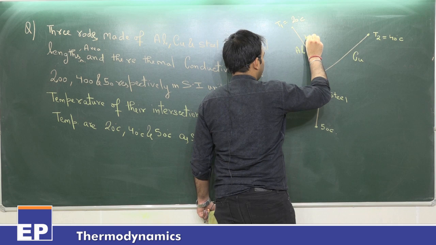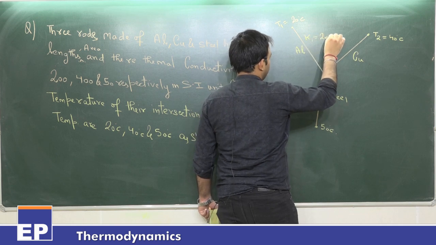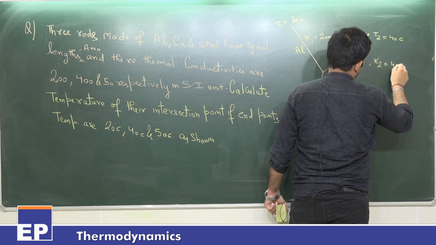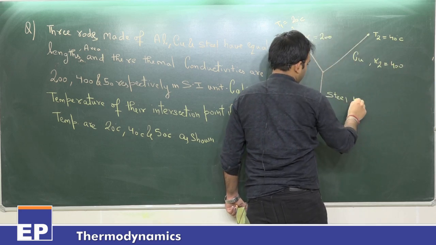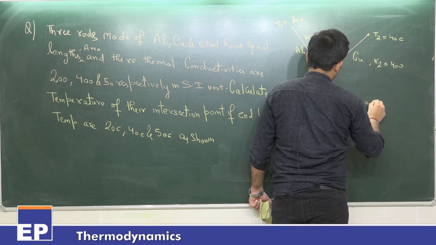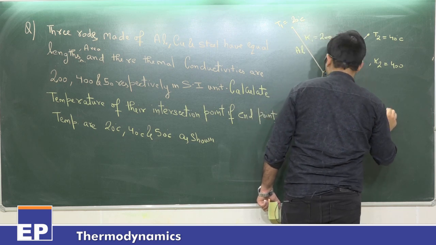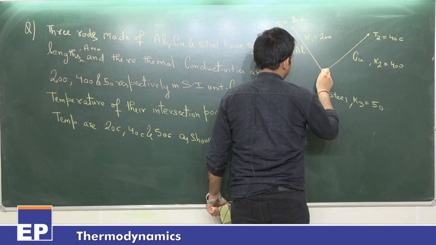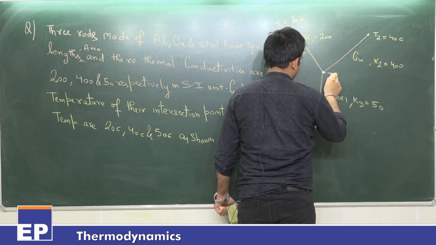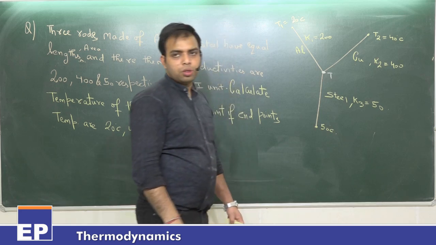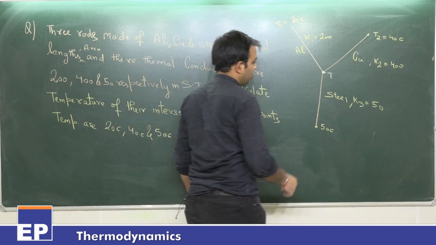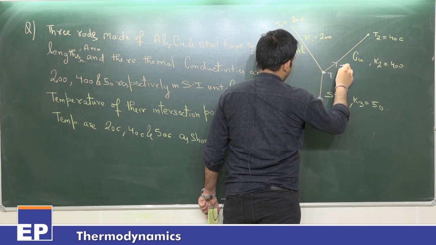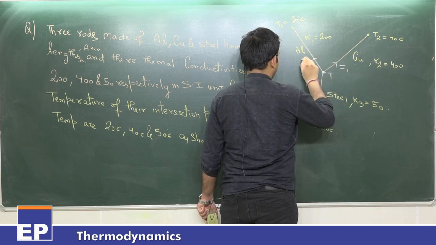And their K is given 200, 400, that is 50. Right? We have to calculate the temperature of it. Right? तो देखो हम क्या लिख सकते हैं. मान लो इधर से I करंट चलता है, यहाँ जाता है I1, यहाँ जाता है I2.